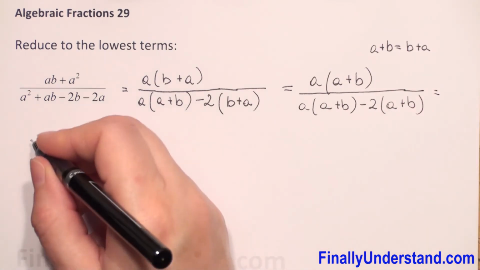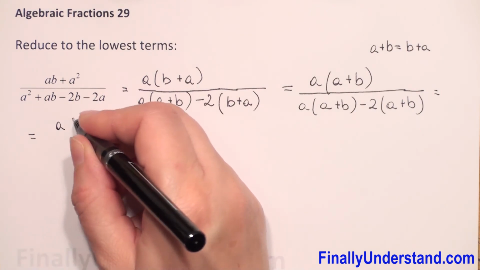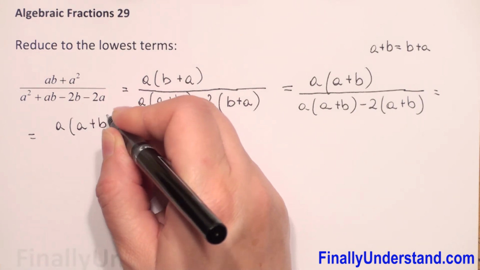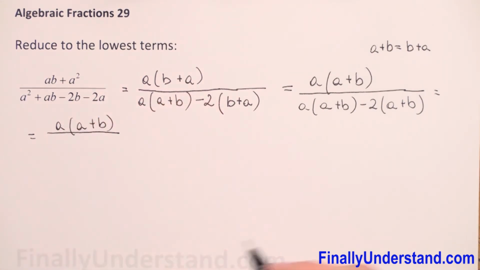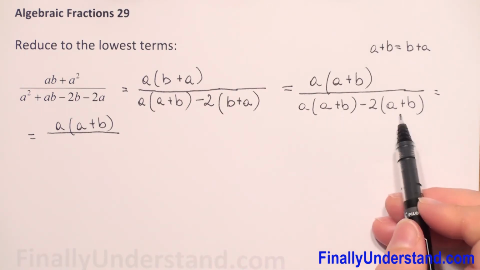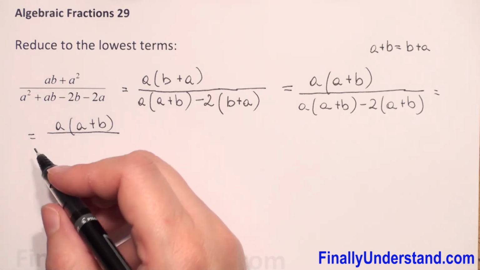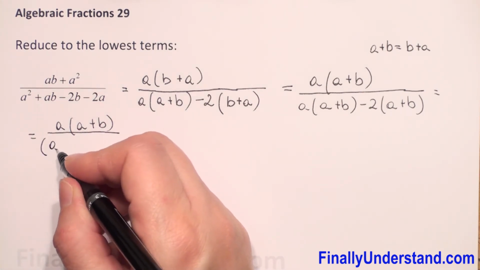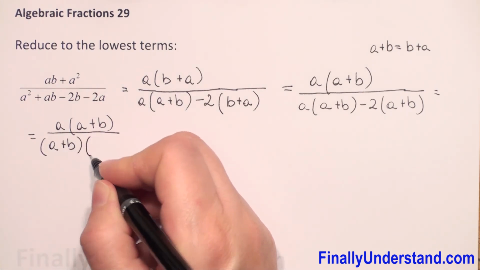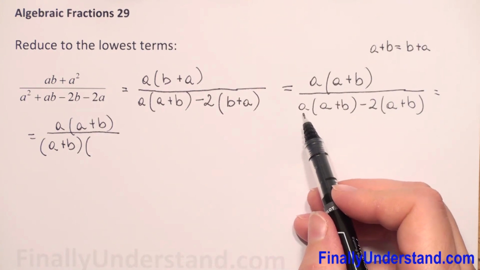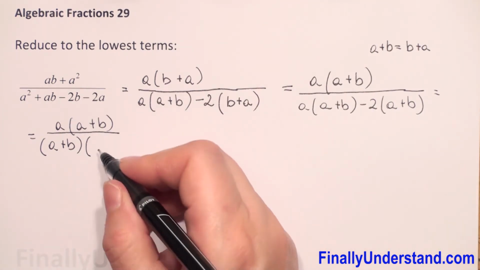So this is equal. Numerator we have to copy, and in the denominator we can factorize a plus b, because we have a plus b in the first parenthesis and in the second parenthesis, so a plus b, and whatever left we will put in the second parenthesis. We have a minus 2.